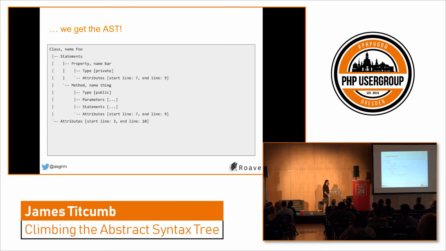We can get the AST, and we can find out information about that, right? We can find out the types of properties, the attributes of them. For the method, we know what types it receives and gives back, or the statements inside it as well. Any kind of metadata about it. Well, what lines does this method cover?